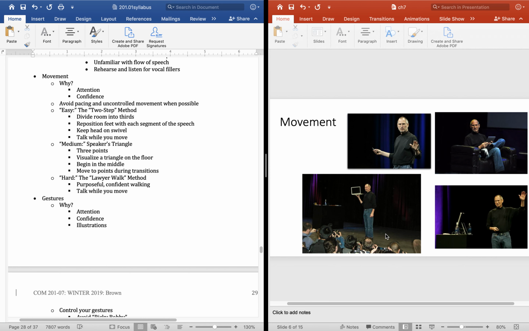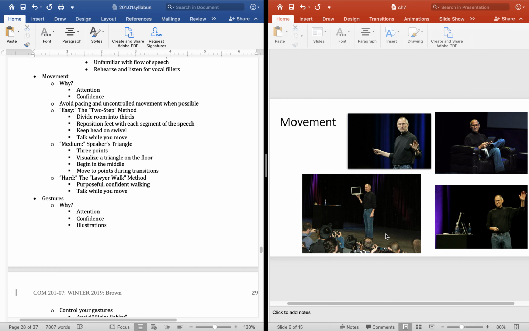All right, movement. Here you see on the PowerPoint, Steve Jobs talking about an Apple product. Steve Jobs is who I picked because he was known to use the entire stage.